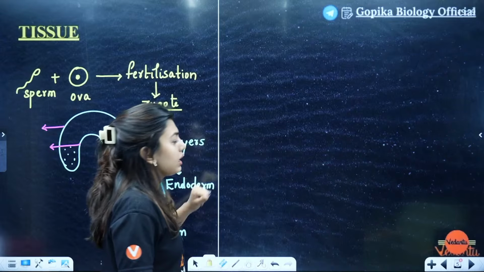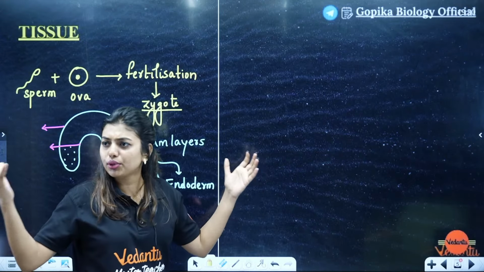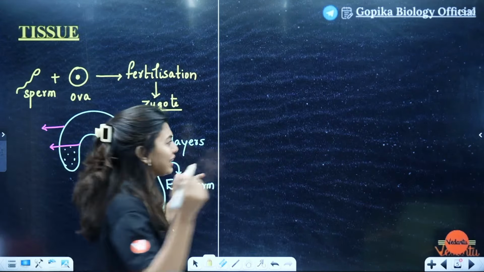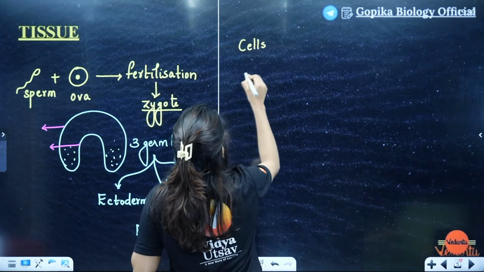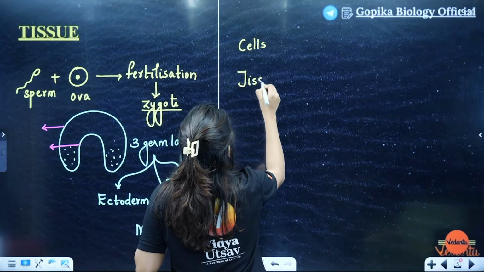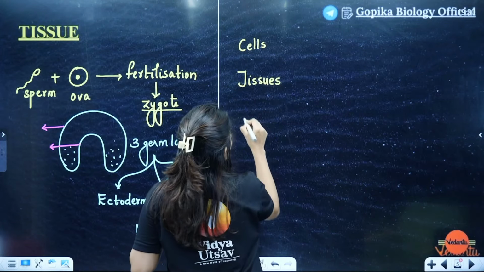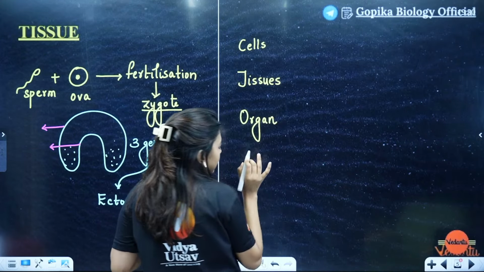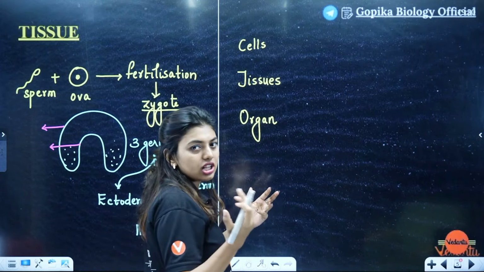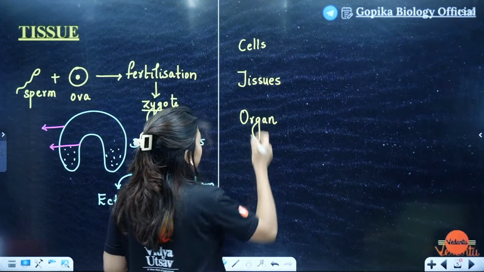Now here I'm going to tell you what this whole process of tissue, cells, and all that is. Tell me, students, what is the hierarchy? We start with cells. Cells to tissues. You might be thinking, ma'am, this is all so easy, but students, this easy thing you have to understand really well, or else you will not be able to lay the foundation for anything.